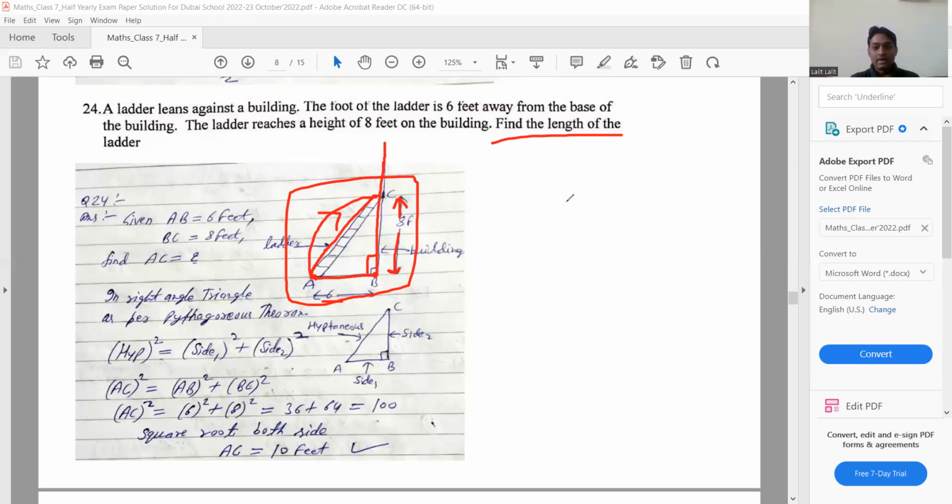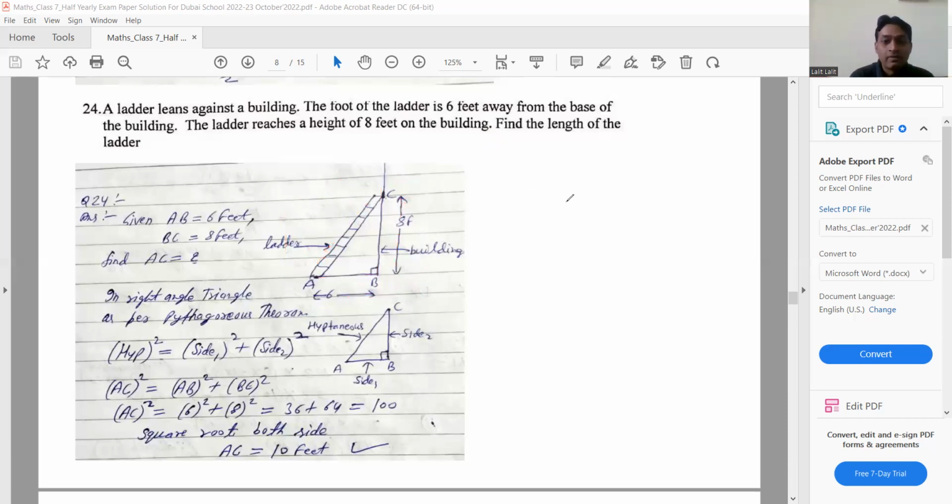So you know Pythagoras theorem. Let me quickly explain. In a right angle triangle, as per Pythagoras theorem, I have drawn this right angle triangle. If ABC is a triangle which is right angled at angle B, then the side opposite to 90° is called the hypotenuse. There are three sides.